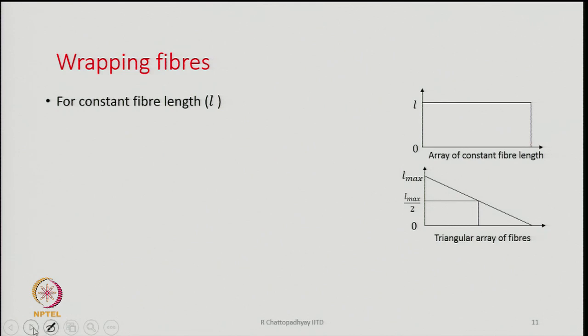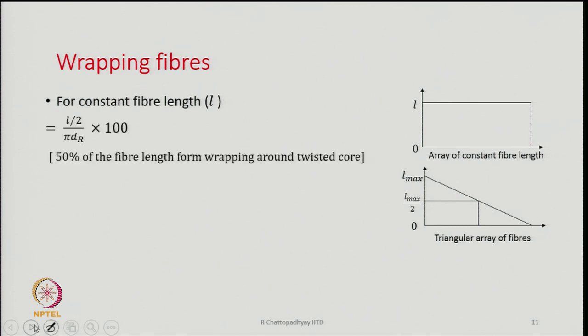The wrapping fibers or these sheath fibers, it has been shown that for constant fiber length, the proportion of such fiber is going to be L by 2 divided by pi dr into 100, L by 2 because 50% of the fiber length forms wrapping around the twisted core.